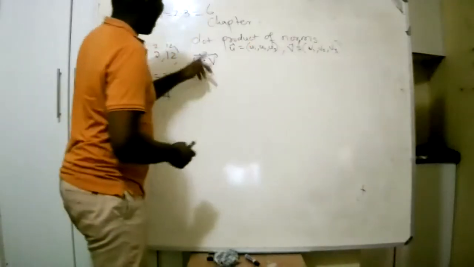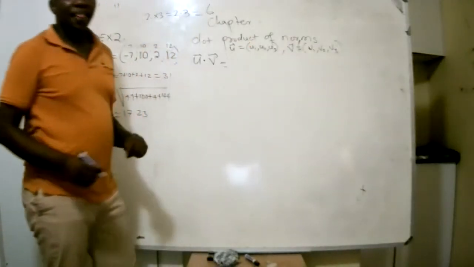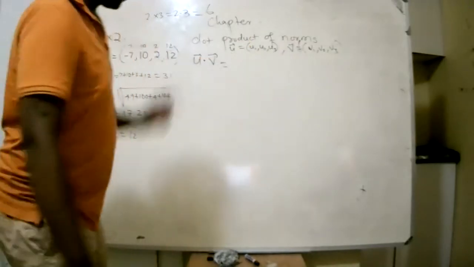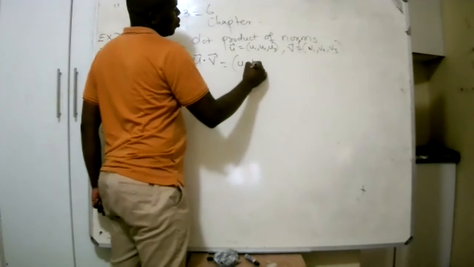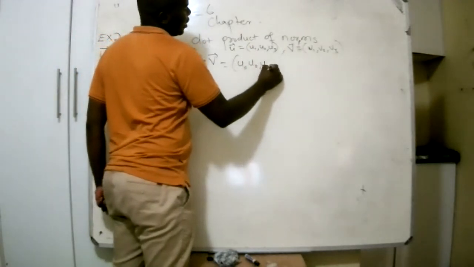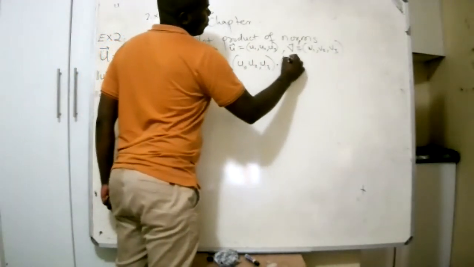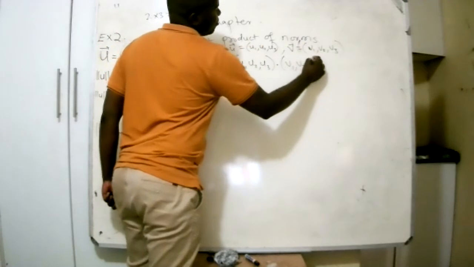So the question is, how can you find the dot product of these two? This is how you find it. You have u1, u2, u3 dot v1, v2, and v3.